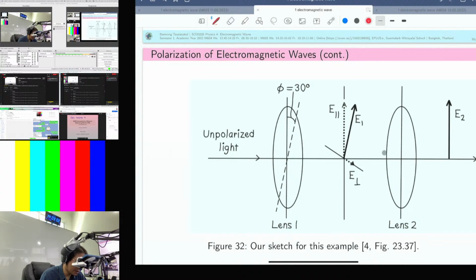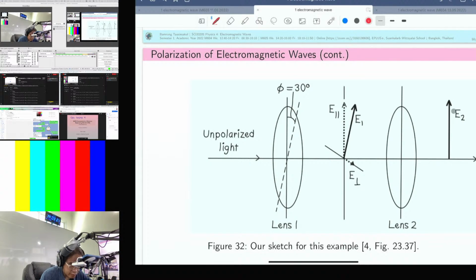Once it propagates further, it is obstructed by the second lens, whose polarizing axis is exactly vertical, the same as the vertical axis like this.